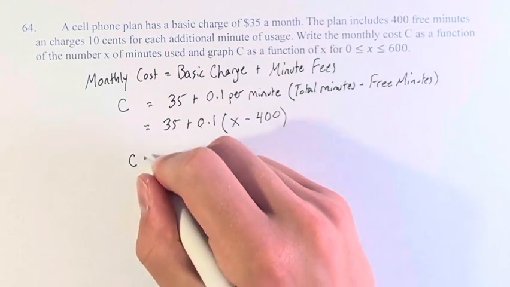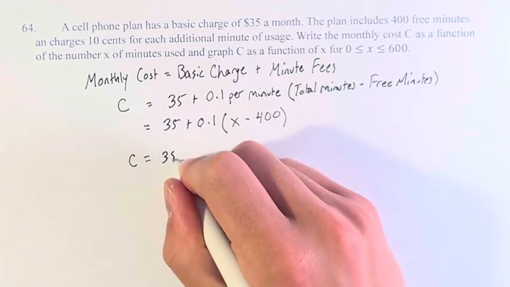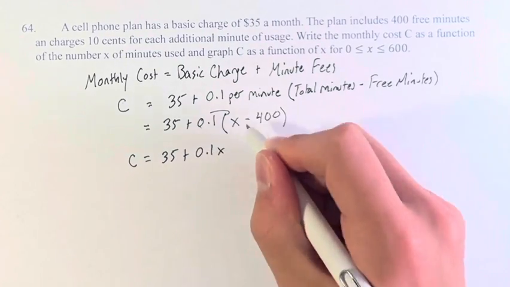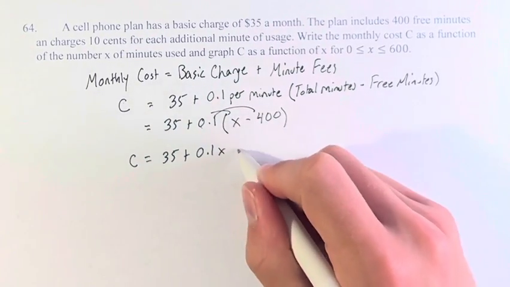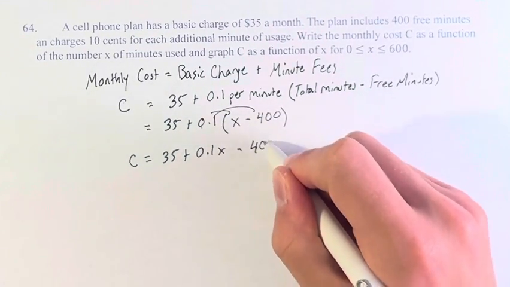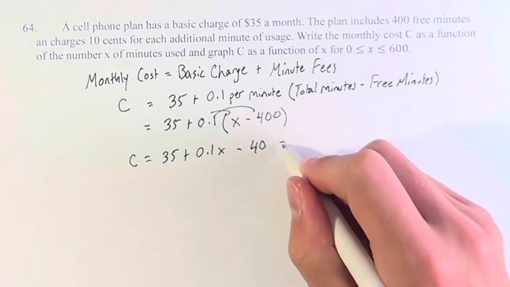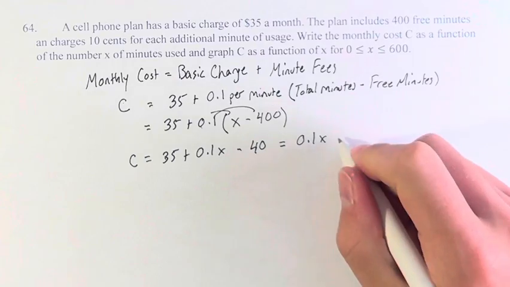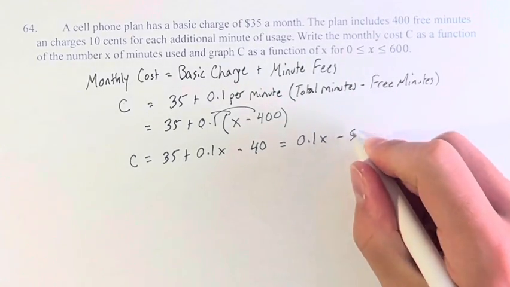So C is equal to 35 plus distributing 0.1x minus 0.1 times 400, which is 40. This therefore equals 0.1x plus 35 minus 40, which is minus 5.